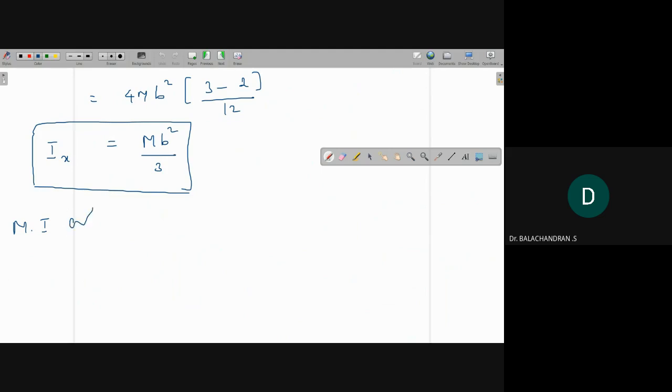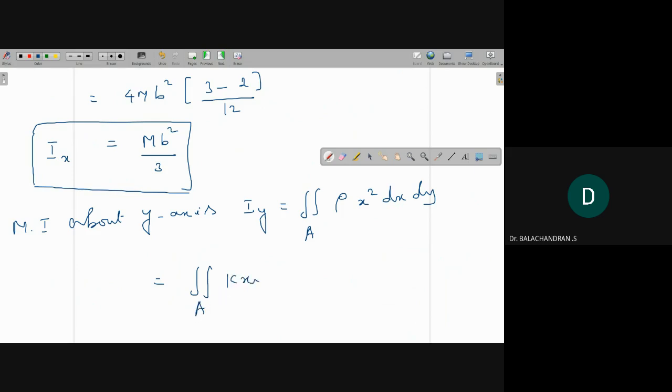Moment of inertia about y-axis is Iy, equal to double integral over A of rho into x square into dx dy. Okay, this is equal to double integral over A. Rho is what? Kxy into x square into dx dy.